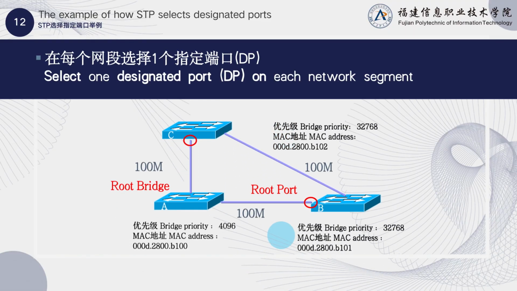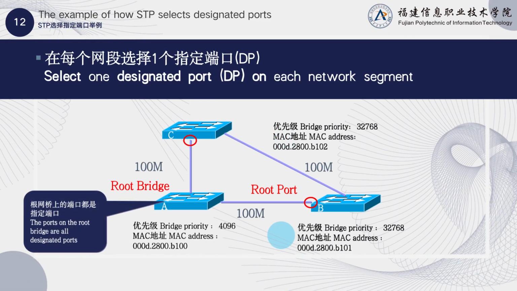Let's take a look at the example of selecting a designated port. First of all, the ports on the root bridge are all designated ports. So, the 2 ports on switch A are designated ports. On the network segment which connects switch B and switch C, the BID of B is smaller.